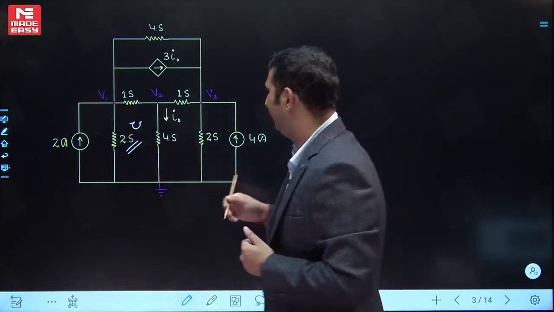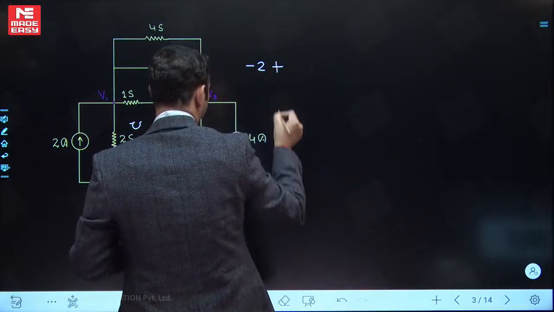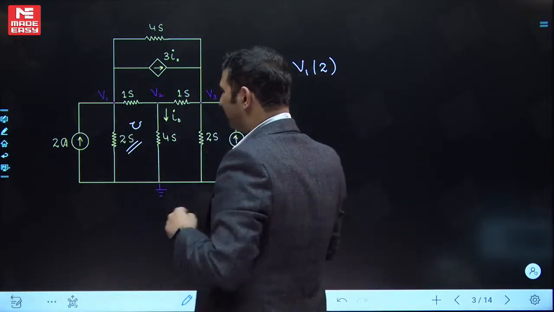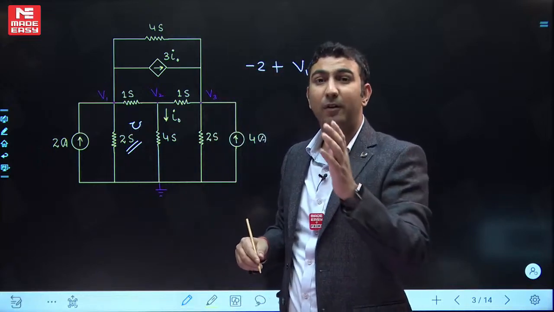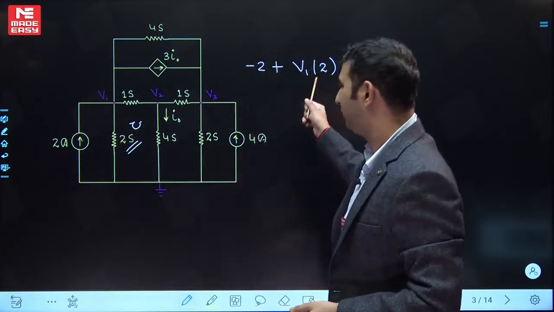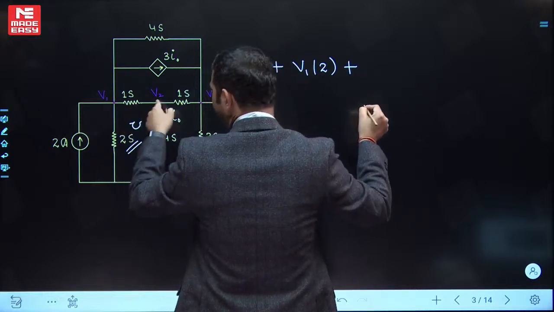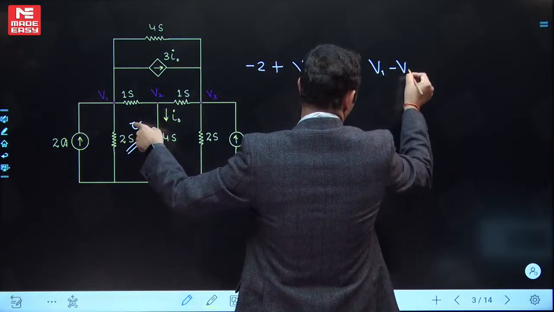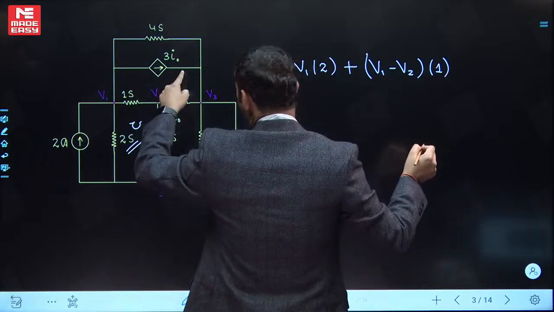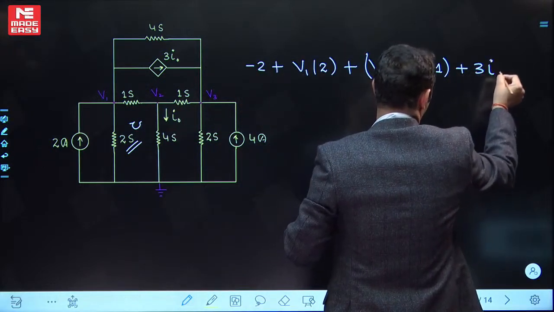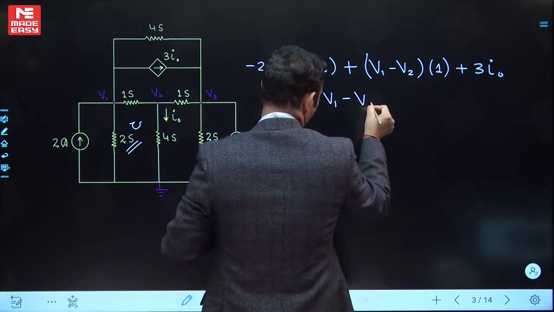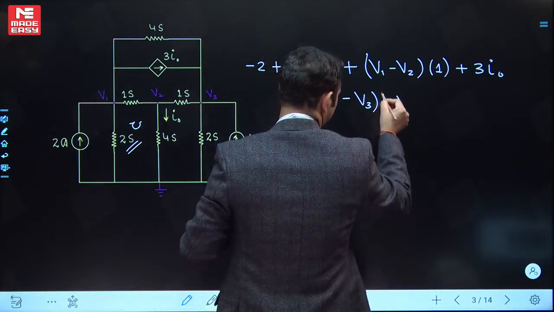So see, incoming will be minus 2 plus outgoing will be V1 multiplied by 2, because V by R is the current, or V into G is the current, and I need the current value, that will be V into G, that is V1 into 2, plus for this branch it will be V1 minus V2 outgoing multiplied by 1, then for this branch plus 3 I0, then for this branch, plus V1 minus V3 multiplied by 4 is equal to 0.